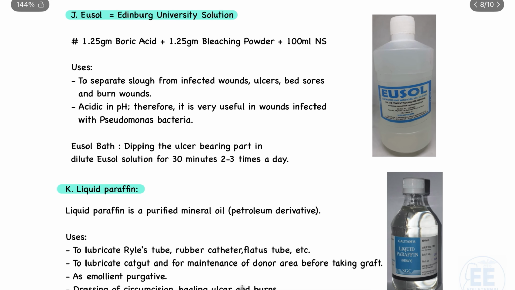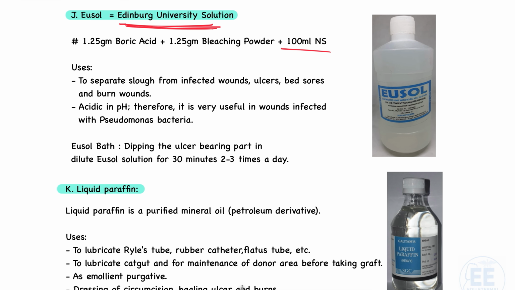Next is Eusol. Its full form is Edinburgh University Solution, which is most commonly asked in a surgical viva or any MCQ. Its content includes 1.25 gram boric acid plus 1.25 gram bleaching powder plus 100 ml normal saline.